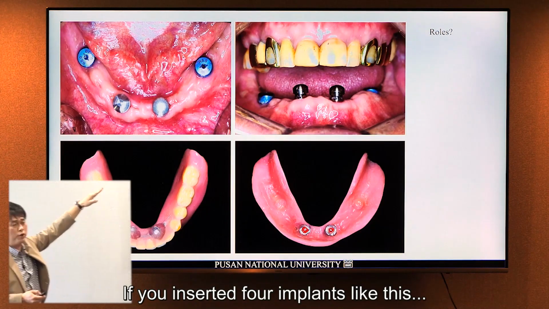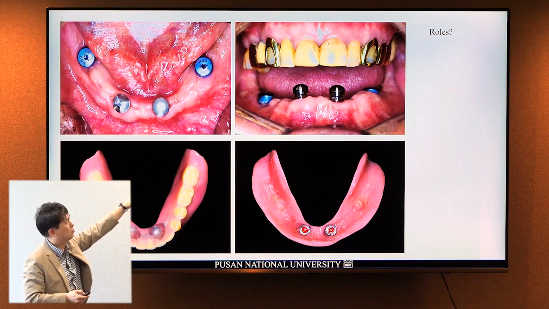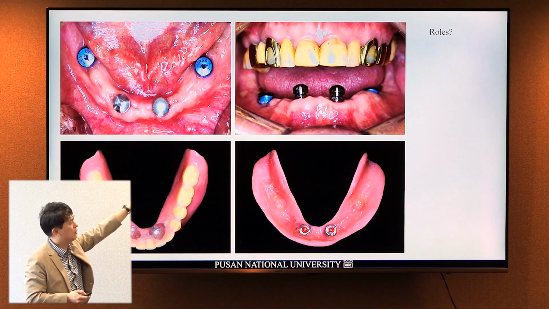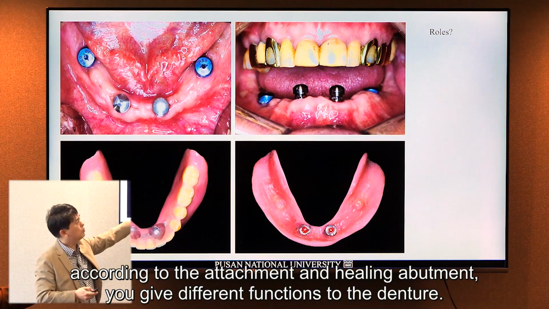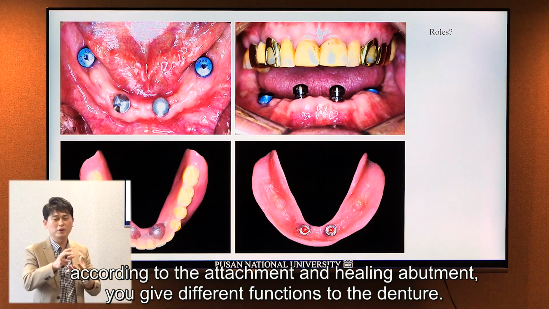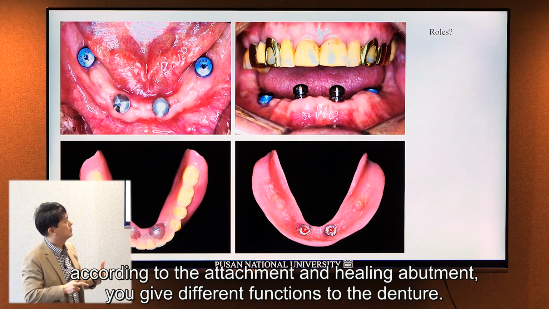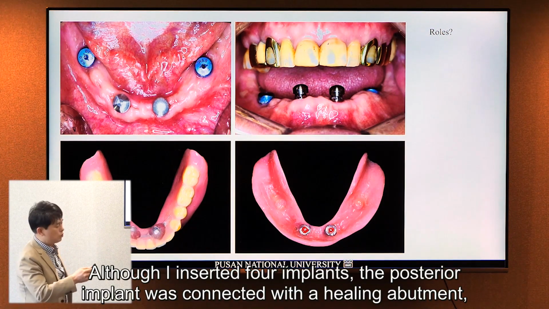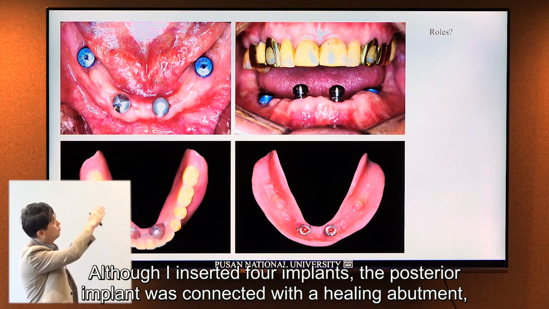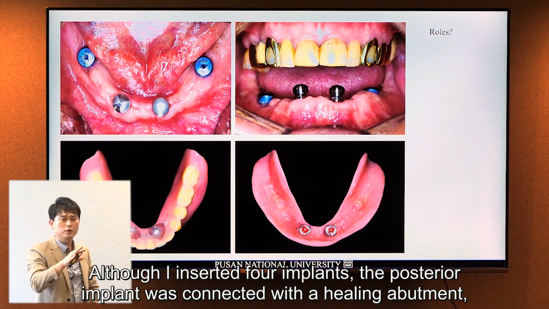If you insert 4 implants like this and make the overdenture, according to the attachment and healing abutment, you can give different functions to the denture. Although I inserted 4 implants, the posterior implants are connected with healing abutments.